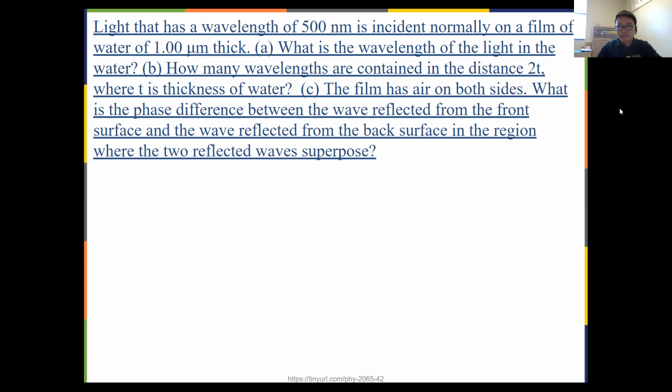The thin film has air on both sides. What's the phase difference between the wave reflected from the front surface and the wave reflected from the back surface in the region where the two reflected waves superpose? So let's take a look at this example and see what we learned just a couple of minutes ago, and how those two scenarios apply here.